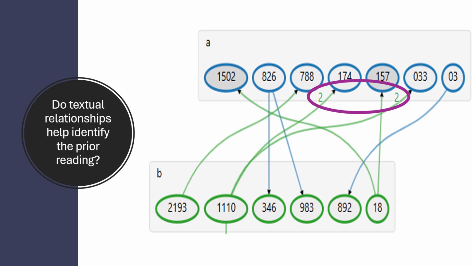Though lacunose, the textual relationships strongly suggest that 509 contained reading B. The textual relationships suggest a higher probability that for these pairs of witnesses, B is the prior reading, and reading A in these witnesses is either the result of contamination or intentional omission for some reason.